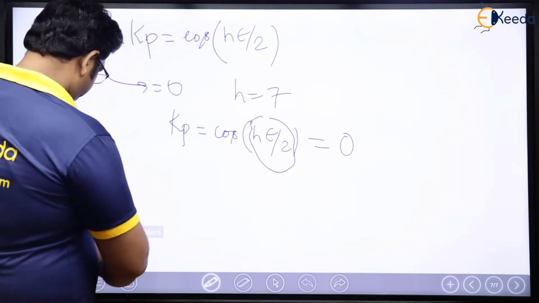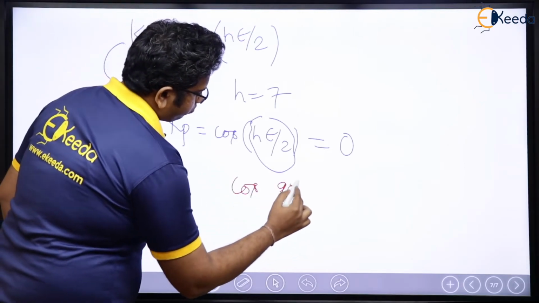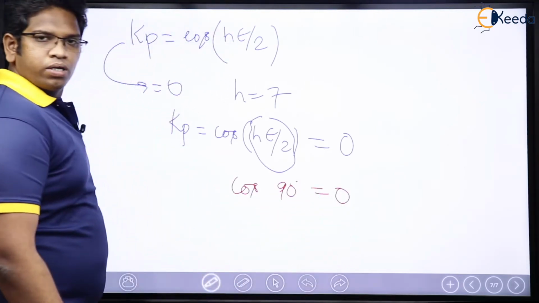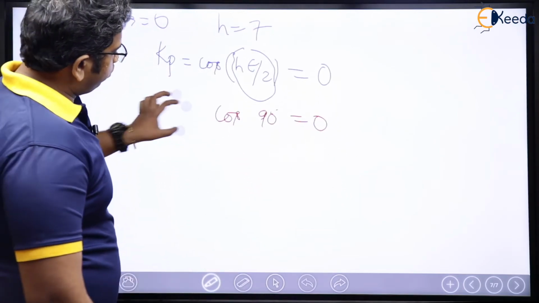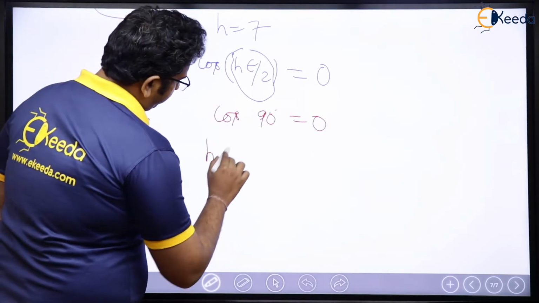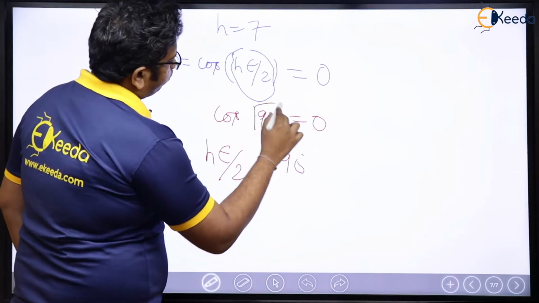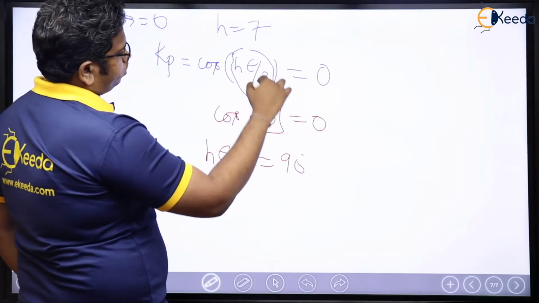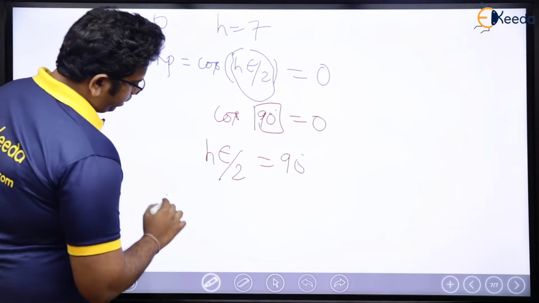Now cos 90 is 0, we know that. So I will take H epsilon by 2 equal to 90 degrees. So what will I get here?